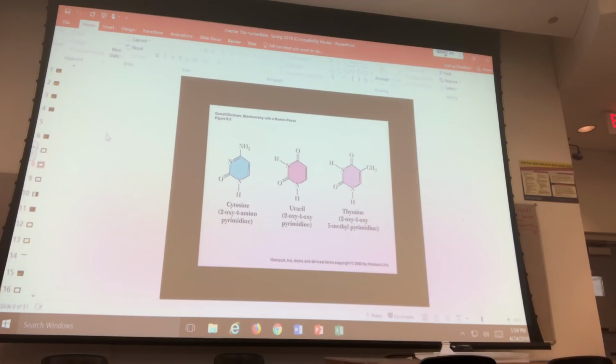And again, because this is a multiple choice exam, just know them enough that you can pick one from the other. And I gave you shortcuts on how to do that. You all might have come up with your own shortcuts as well. Make sure you know your nitrogenous bases. Oh, and of course, know which ones are found in DNA and know which ones are found in RNA. I know that goes without saying, but just in case, I will reiterate that.